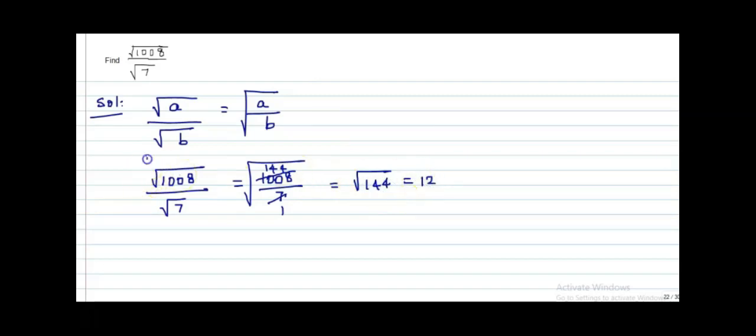Right? And here 1008 is divisible by 7. We all know the procedure for the test of divisibility by 7. For 1008, we choose the digit in the ones place, double it and subtract it from the number formed by the remaining digits. 8 2s are 16.